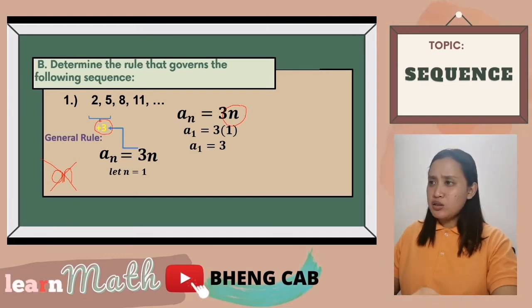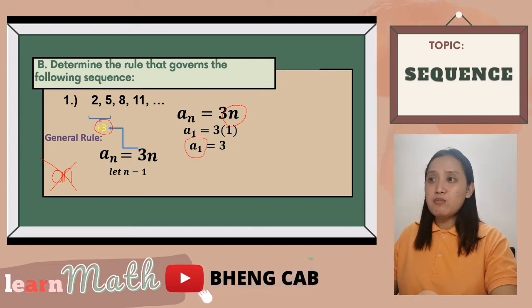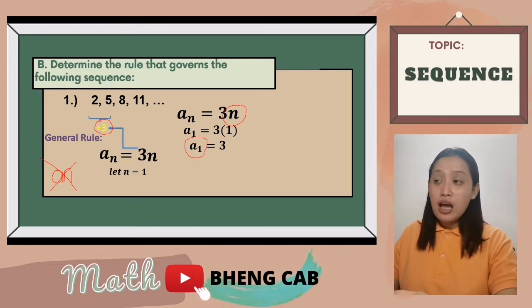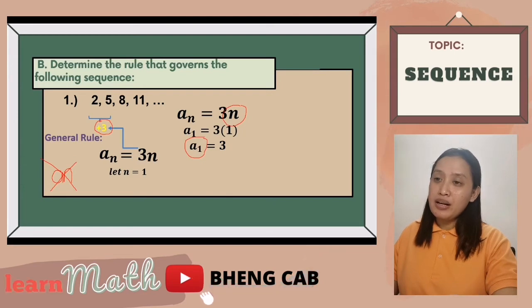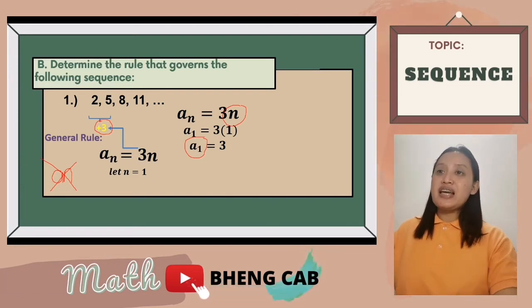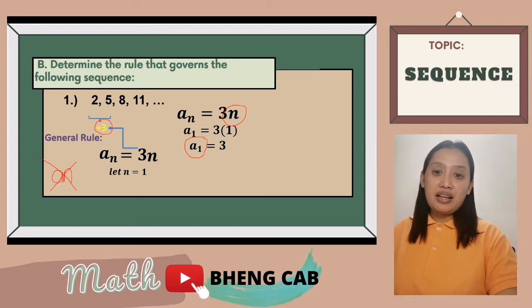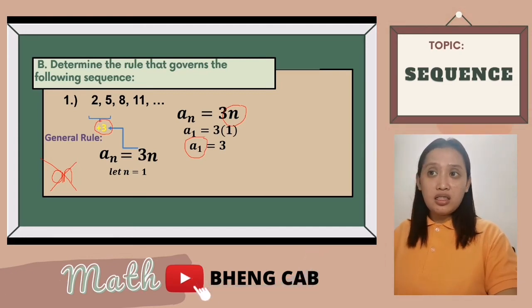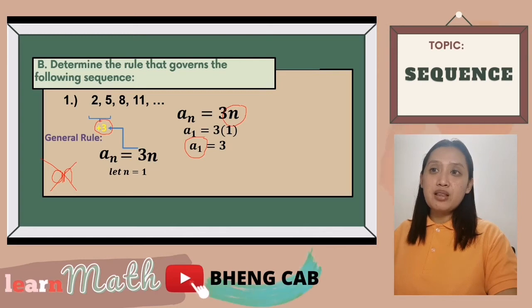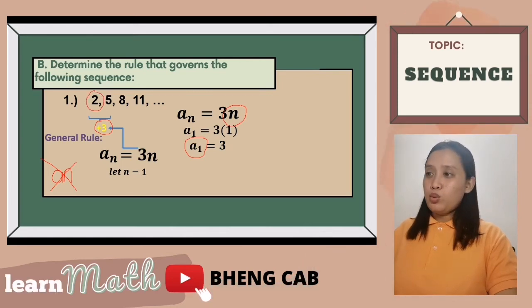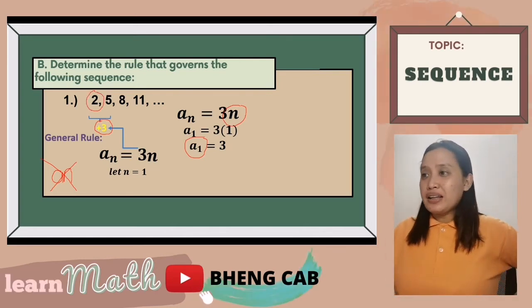Okay? So, anong ibig sabihin ng a sub 1? Ang a sub 1 daw natin ay yung first term. Ang first term daw natin dito, kapag ginamit natin ang general rule na a sub n equals to 3n, ang first term daw natin dapat ay 3, which is in this case, hindi. Kasi ang ating first term dito ay 2. Paano po ang gagawin natin?